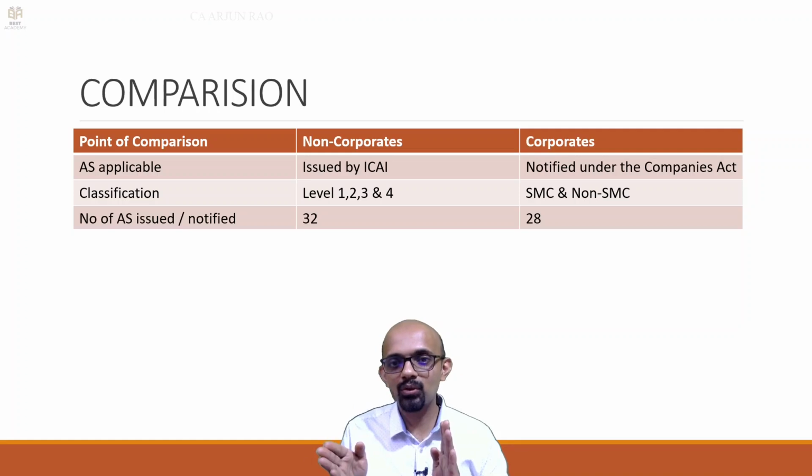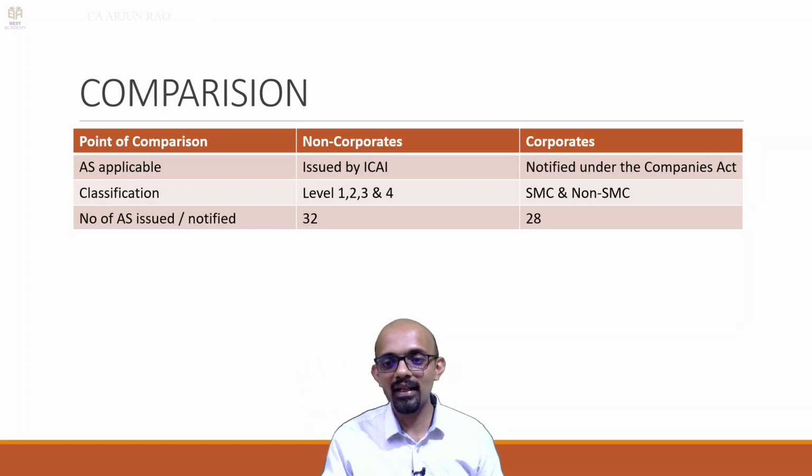And post 2006, some standards were issued by ICAI that were not notified. So from 2006 till today, only 28 standards were notified in total under the Companies Act. Of this, one was withdrawn. So what were they? That's what we're going to see next.